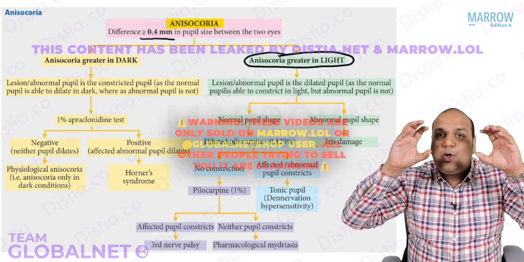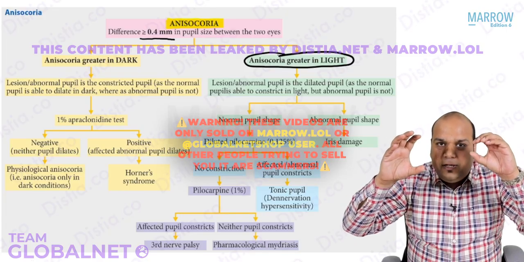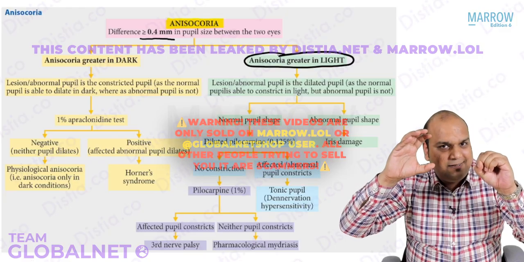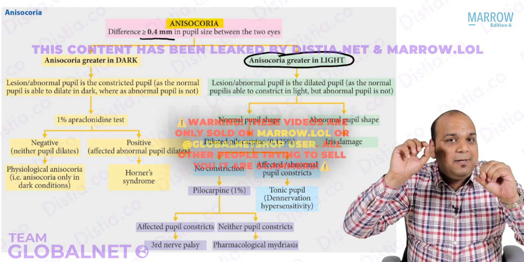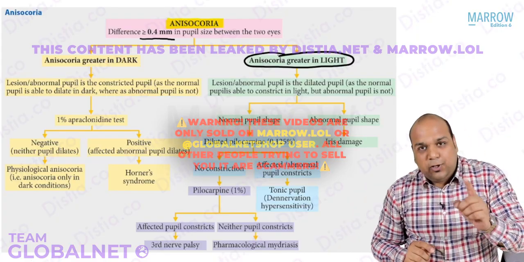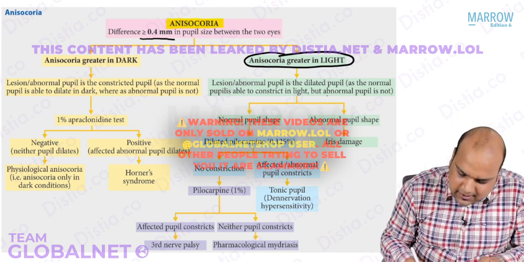Dilatation of both eyes is normal. But when you go out into the sunlight, one pupil is able to constrict, one pupil is not able to constrict. Am I clear? So the problem is in what, everybody? Constriction. So if the anisocoria is greater in light, that means the problem is in constriction.